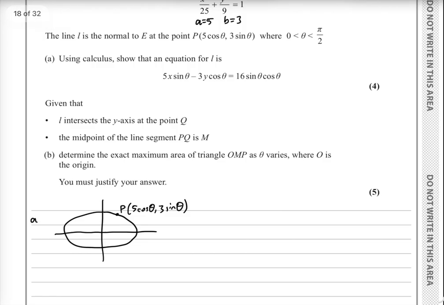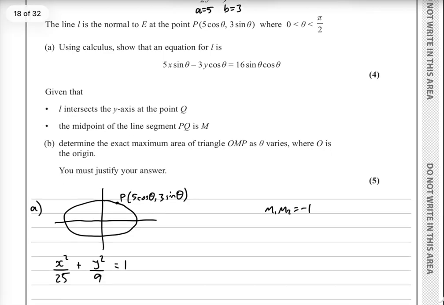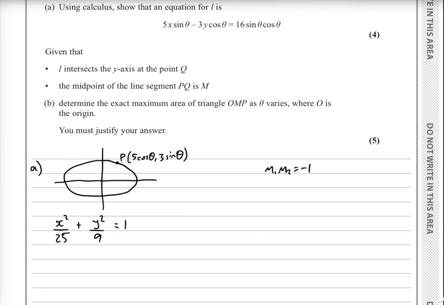Okay, we've got our equation, x squared over 25 plus y squared over 9 equals 1. We're going to differentiate that to find the gradient. Use m1, m2 equals minus 1 to find the gradient of the normal, and then use the point given to find the equation. Differentiating this, you can do this in different ways.